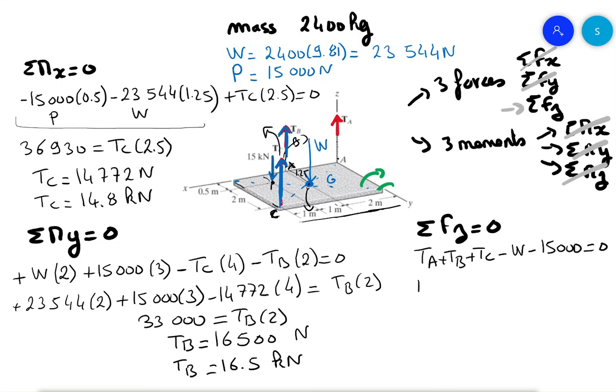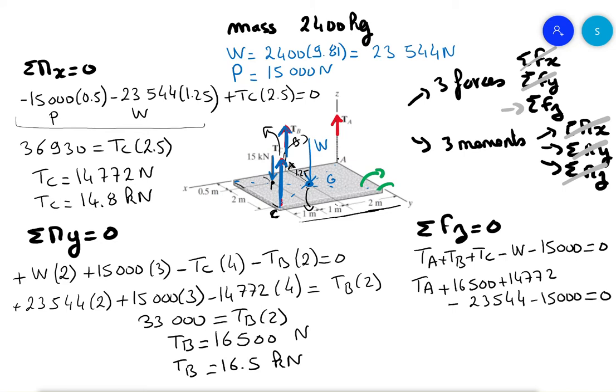So we have TA plus TB at the 16,500, TC at the 14,772 minus the weight 23,544 and minus the 15,000.